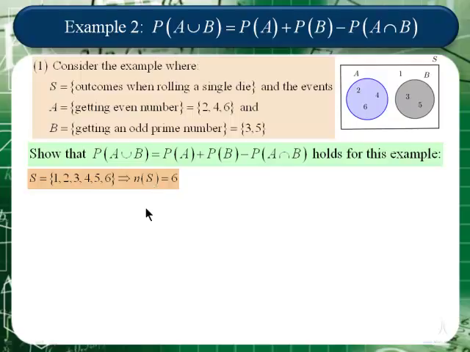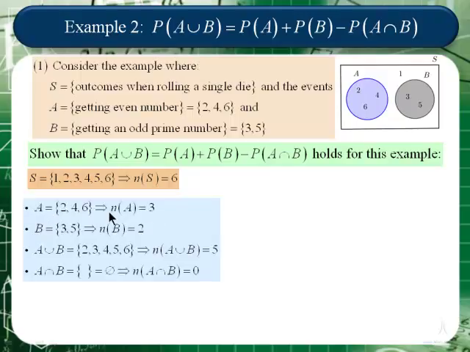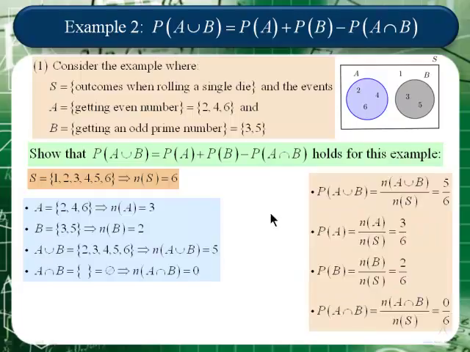The cardinal number of S we know is 6. The cardinal number of A, being the set 2, 4, 6, is 3. For B it is 2. The union, combining A and B, we get everything with the exception of 1. So the cardinal number is 5. And the intersection, being the empty set, will have a cardinal number that's equal to 0. Now we can find the probability for each of these 4 events.